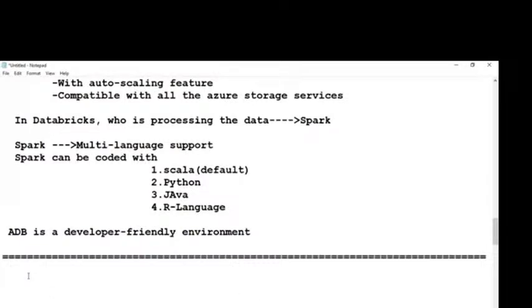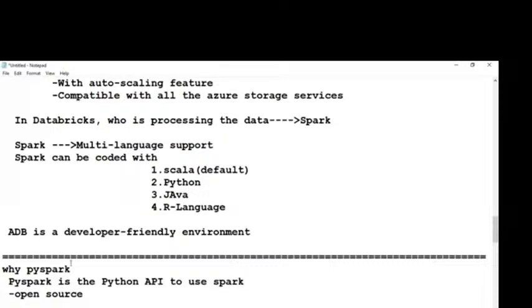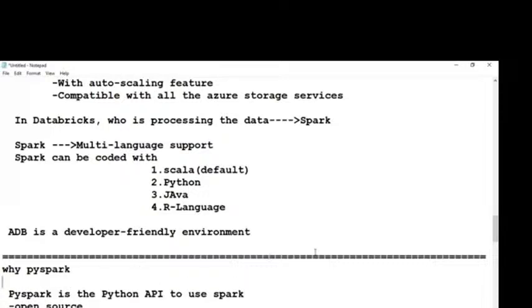If we talk about Apache Spark, why is PySpark required? Open source. I can say PySpark is the Python API to use Spark.